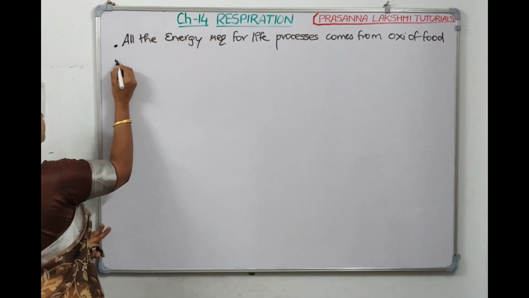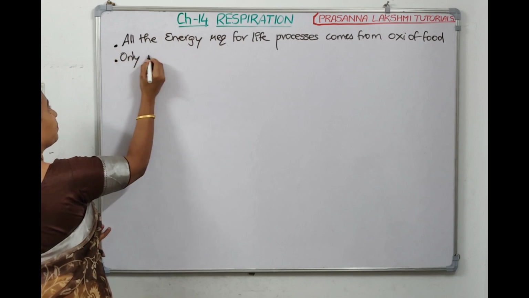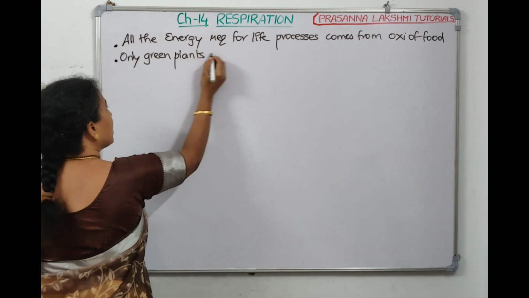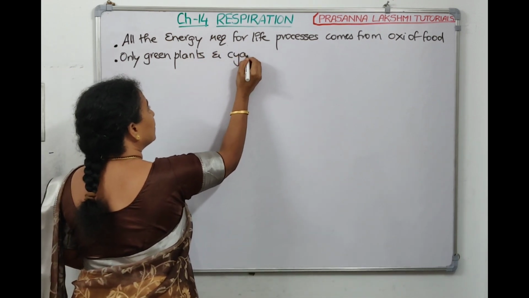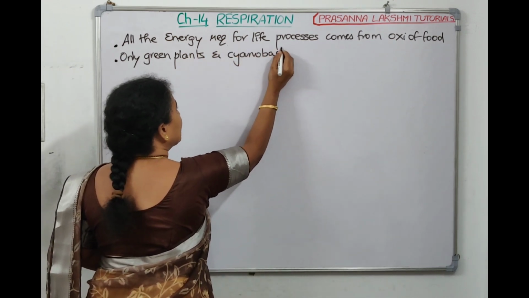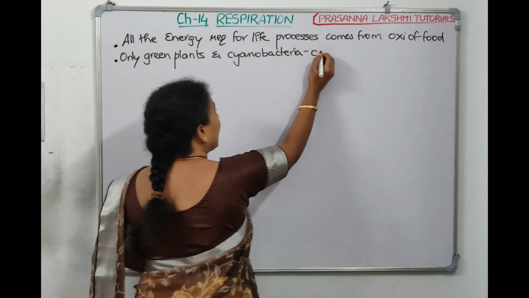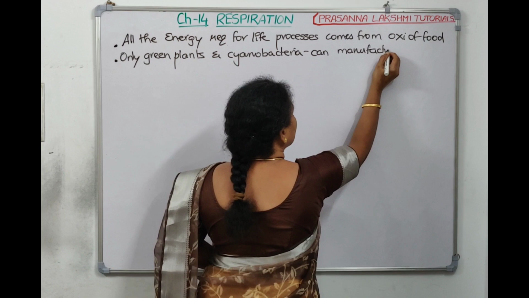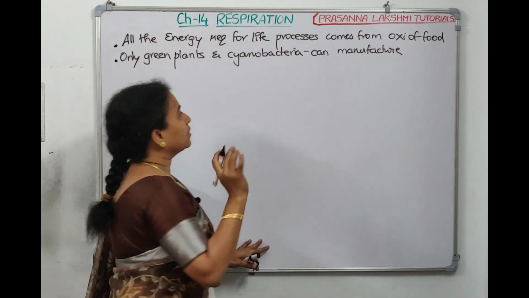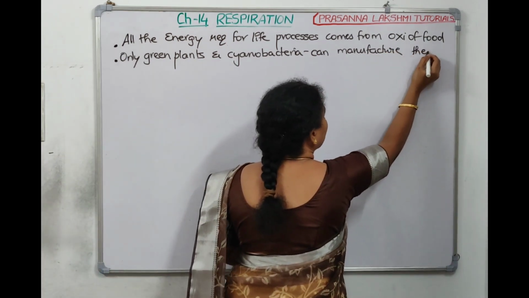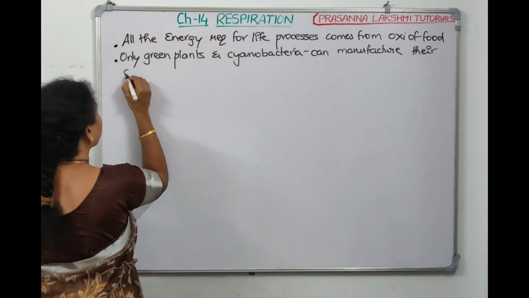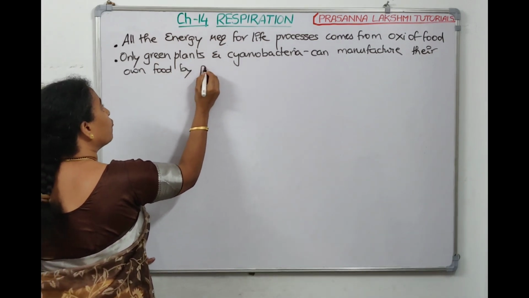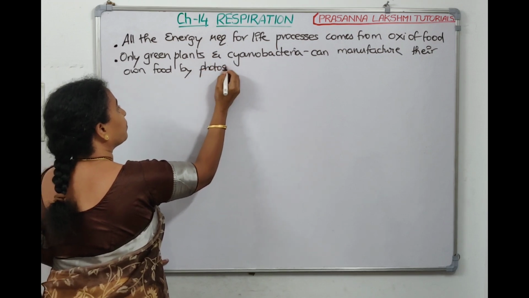So we can tell only green plants and cyanobacteria, which means blue-green algae, can manufacture their own food. By which process? By photosynthesis.